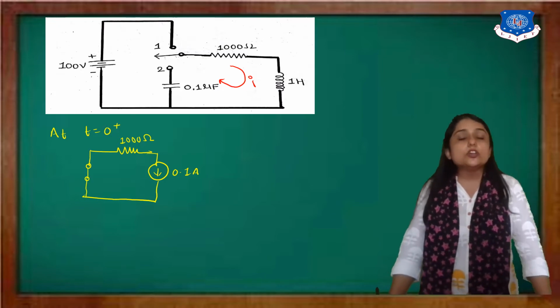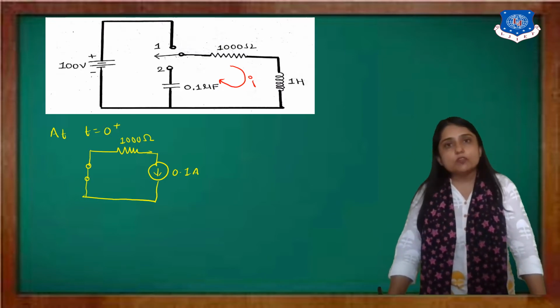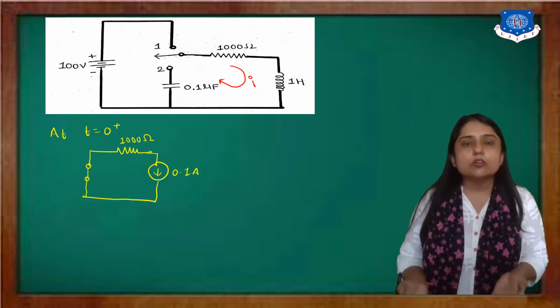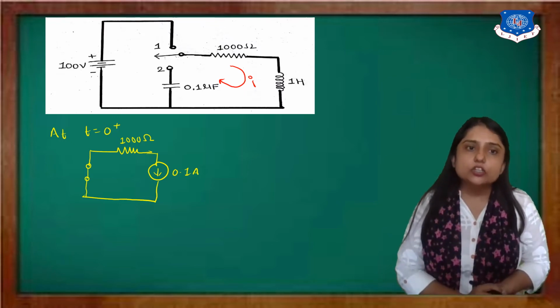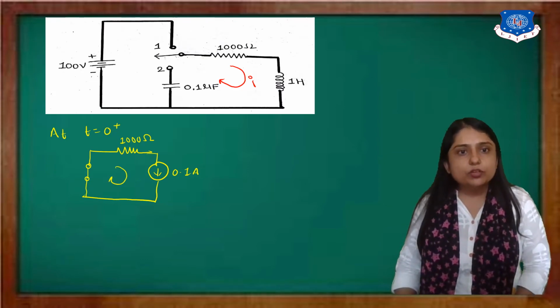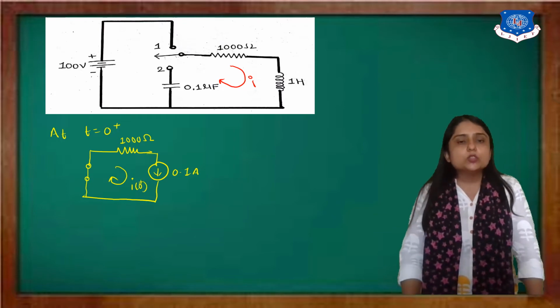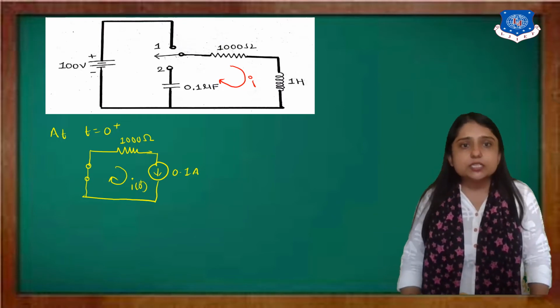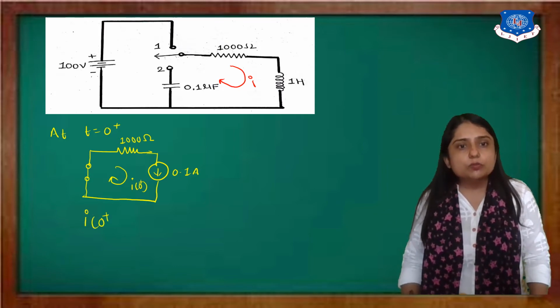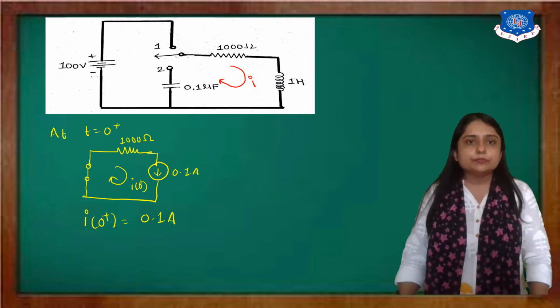Because the voltage drop across the capacitor was 0, and whenever the voltage is 0, it will act as a short circuit. So whatever current flows in this diagram is nothing but I(0+). So we have only one resistor and one current source, so the value of I(0+) will become 0.1 ampere.